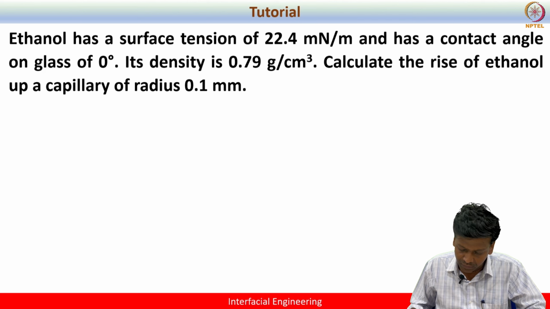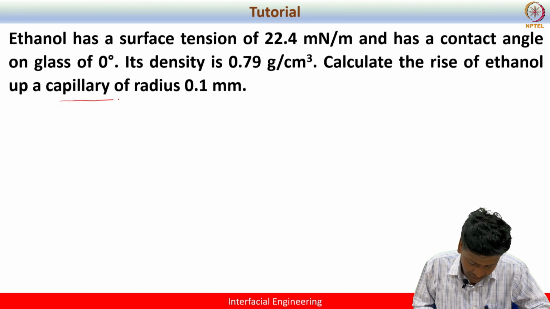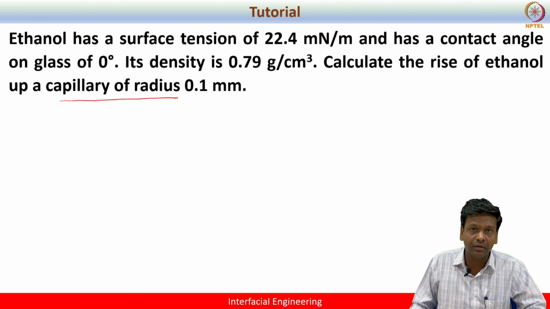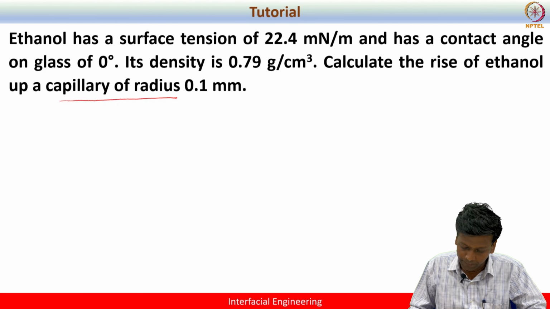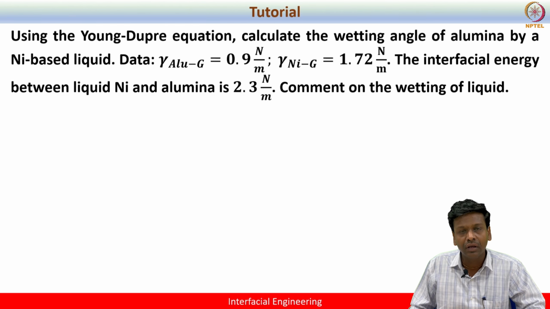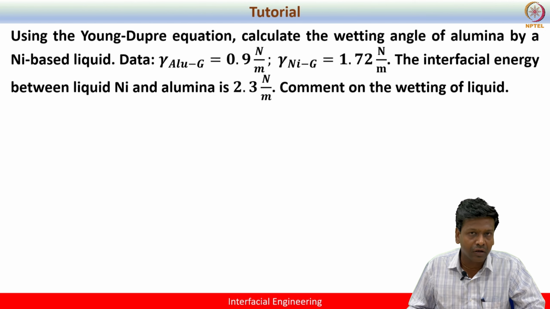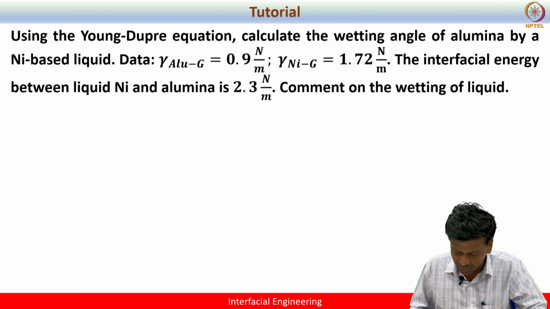One is based on the capillary method that we saw in the previous lecture, and the other one is based on the Young equation. Sometimes it is also known as the Young-Dupré equation. You will find in many textbooks it is called the Young equation, but it is also sometimes known as the Young-Dupré equation.